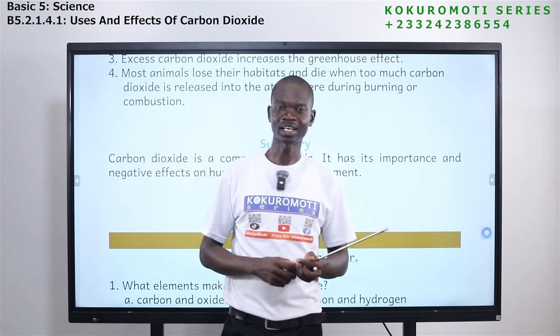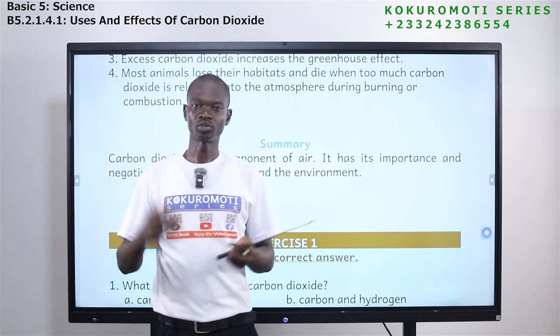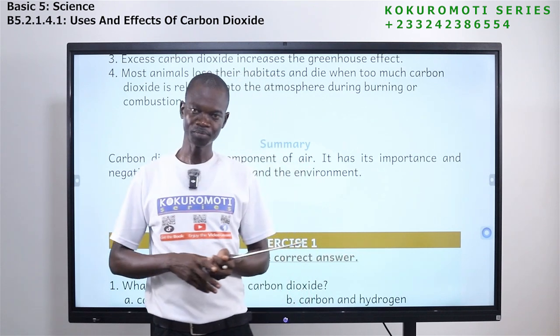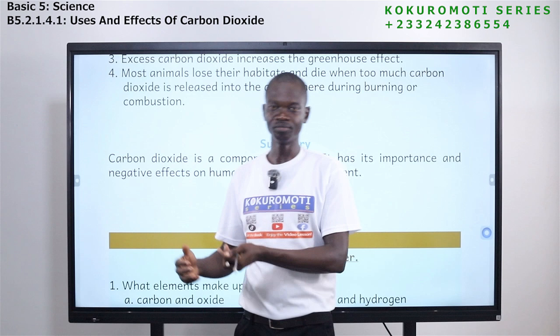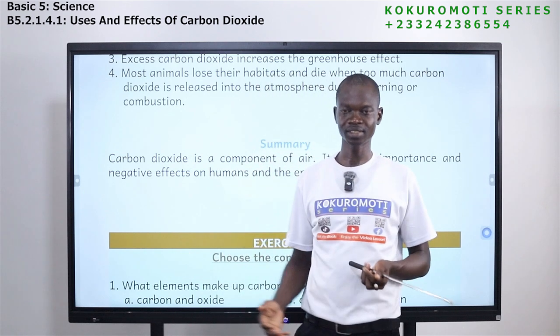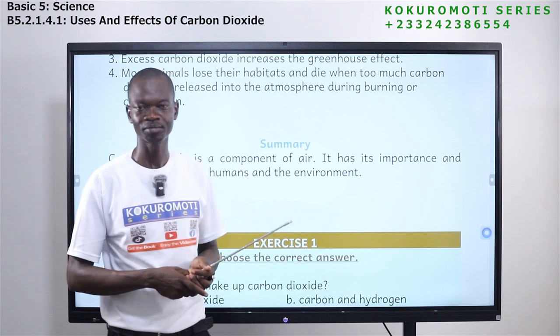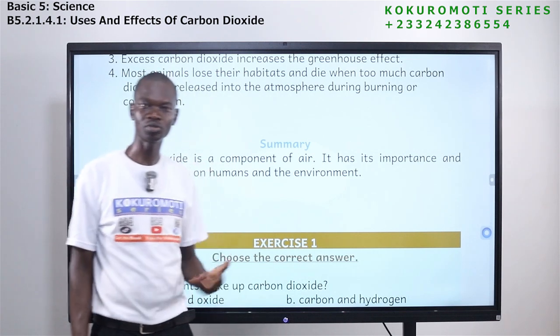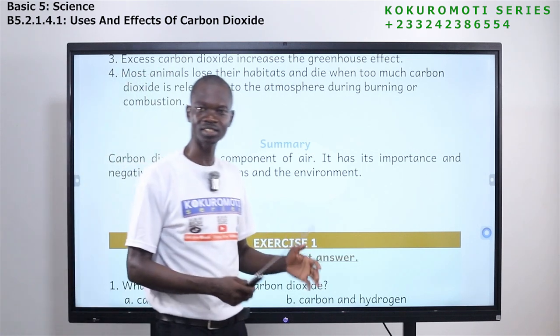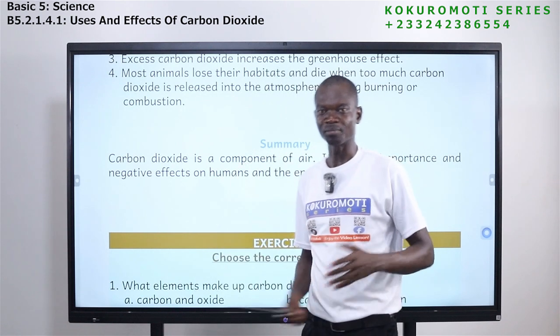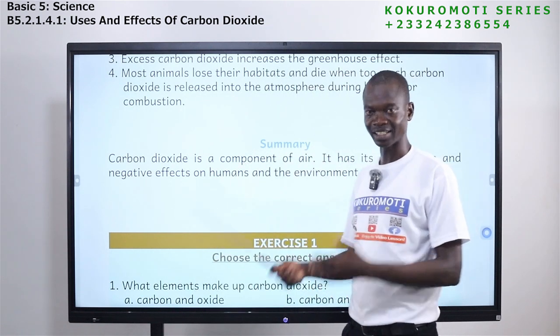Okay, we have also seen that carbon dioxide is used to do so many things. We use it when preparing carbonated drinks. Carbon dioxide is used to extinguish fire. Carbon dioxide is used to clean surfaces of machines and other gadgets.